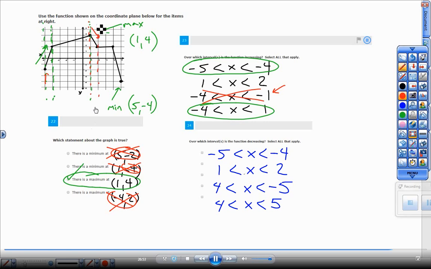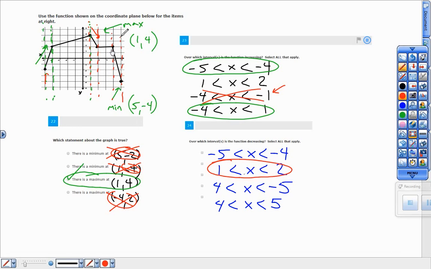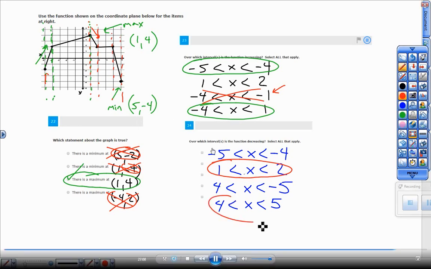I could see the border left to right through the x-axis going down, 1 to 2. And then my other border from 4 to positive 5 going down right there. I can see another interval going down. So 4 to 5. Be careful for those distractors, those close answers.